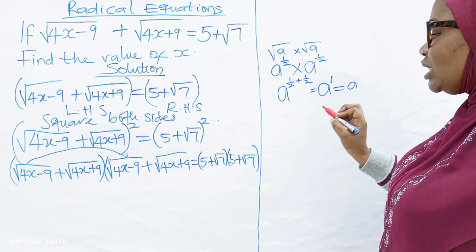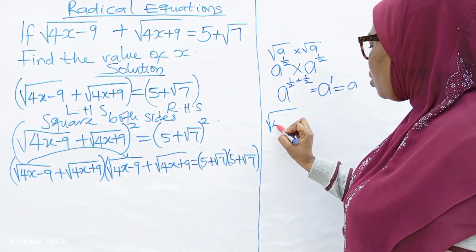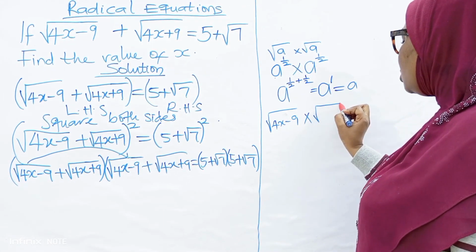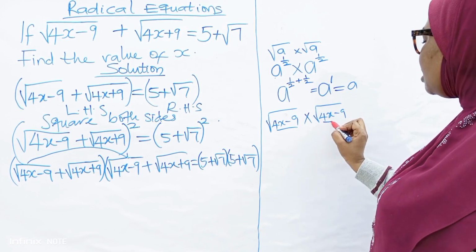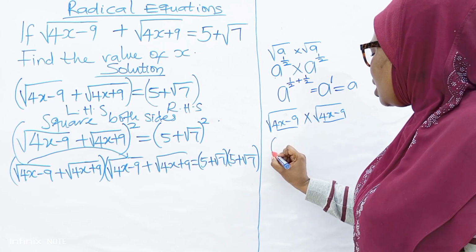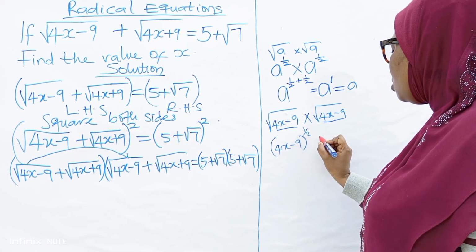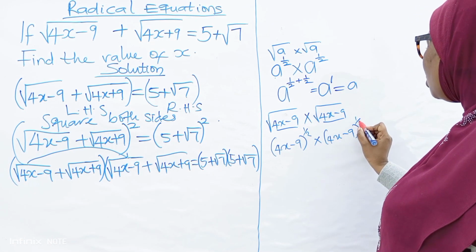The same thing is applicable to root 4x minus 9 multiplied by root 4x minus 9. You can see that they have the same thing here. So it means that you have 4x minus 9 raised to the power 1 over 2 multiplied by 4x minus 9 raised to the power 1 over 2.